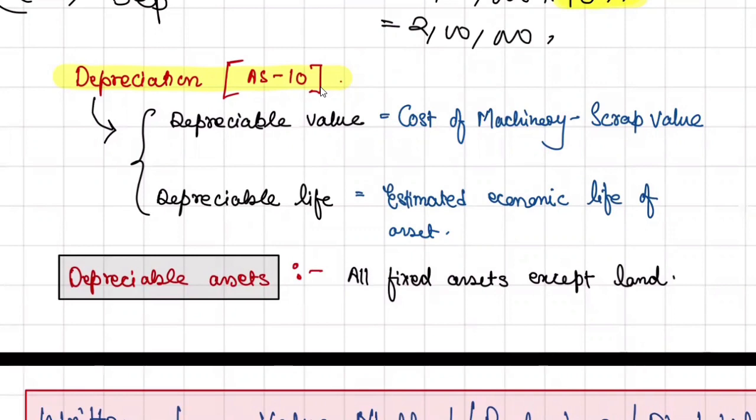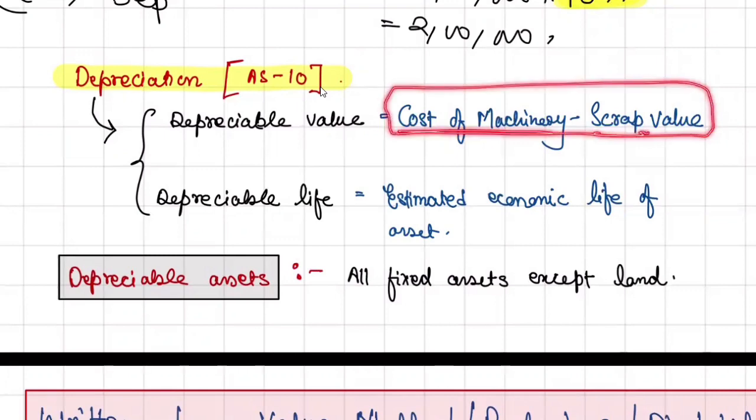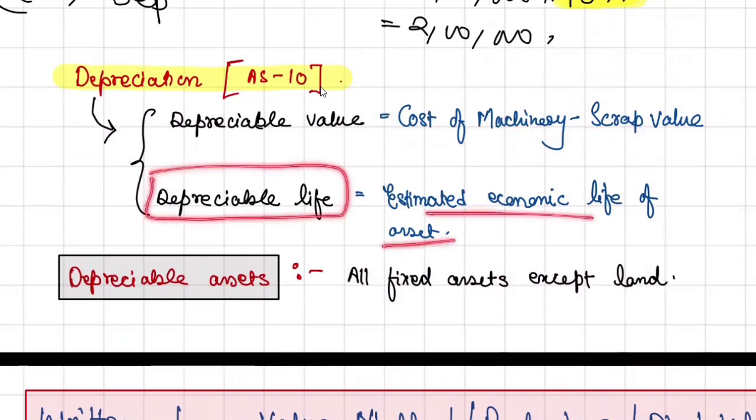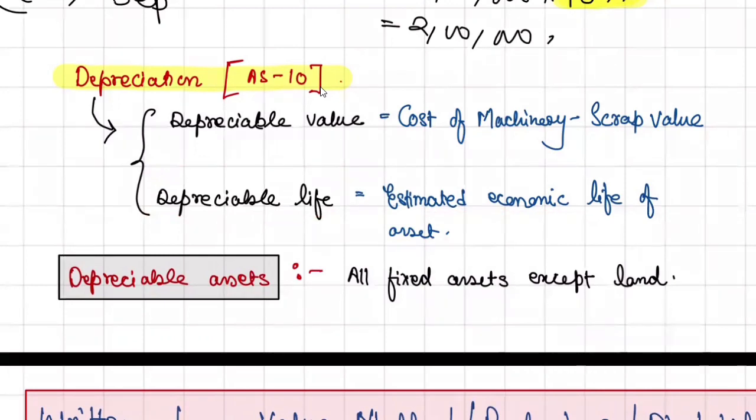Depreciable value is the cost of the machinery minus scrap value. We learned this in the last session only, but I forgot to use the terms. Depreciable life is nothing but the estimated economic life of the asset. We say now that useful life is 5 years, 6 years, 10 years, 15 years, depending upon the situation and the condition, how it is being used. So that is depreciable life.